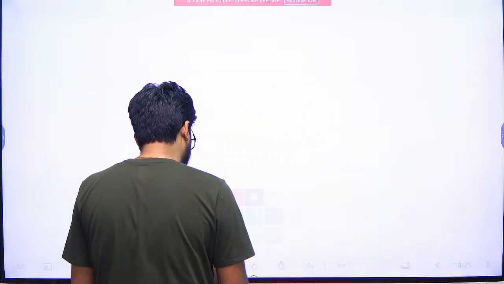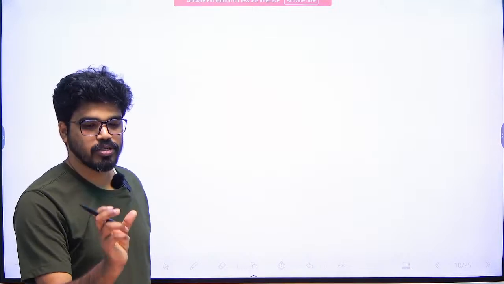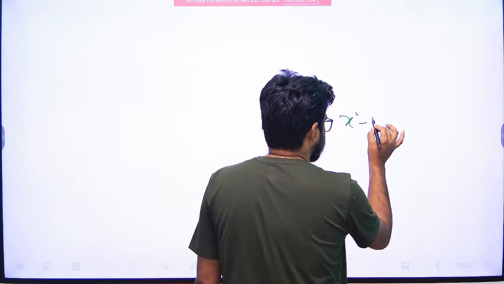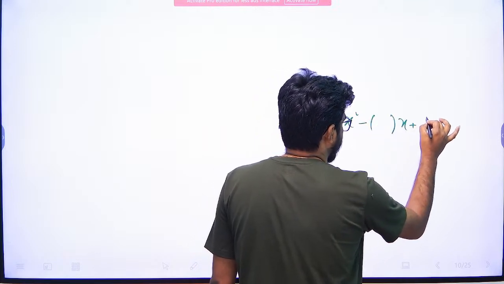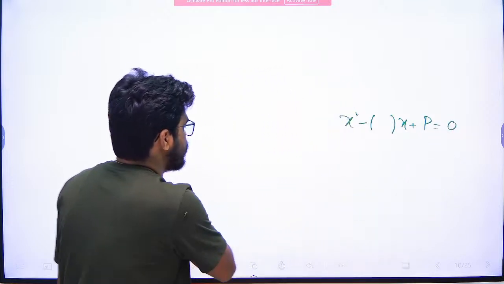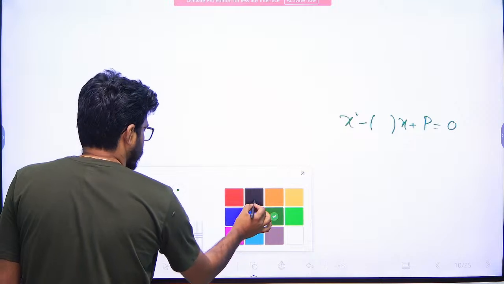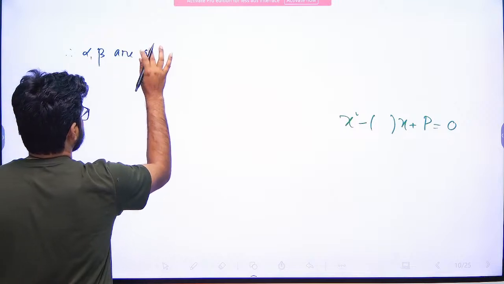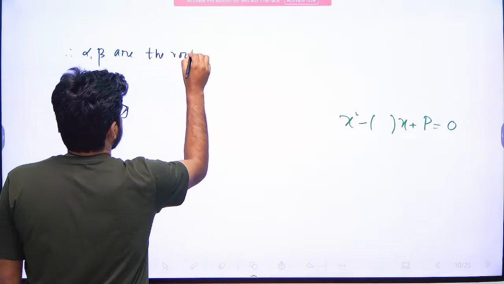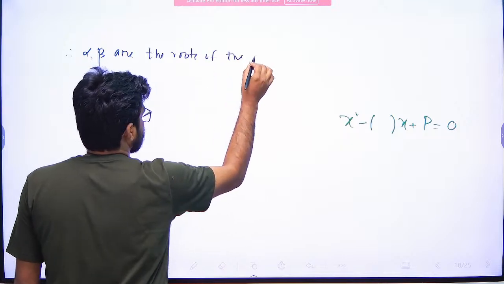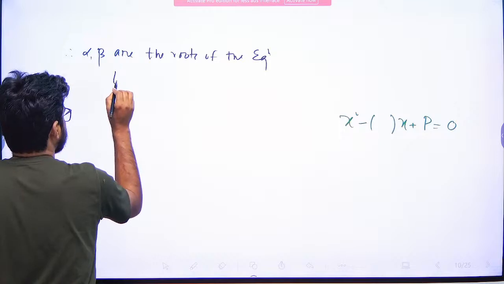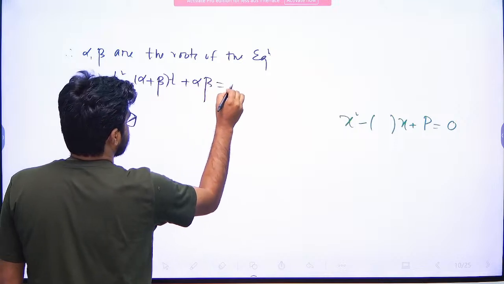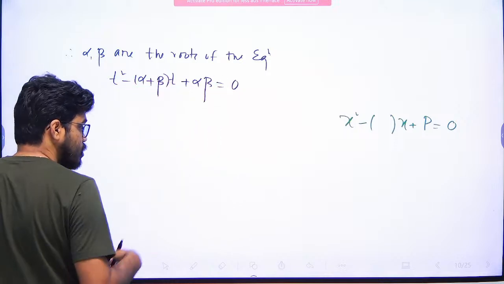If we know the sum and the product, what will the equation be? x square minus sum of the roots into x plus product of the roots is equal to 0, right? So suppose alpha and beta are the roots of the equation t square minus sum of the roots into t plus product of the roots.